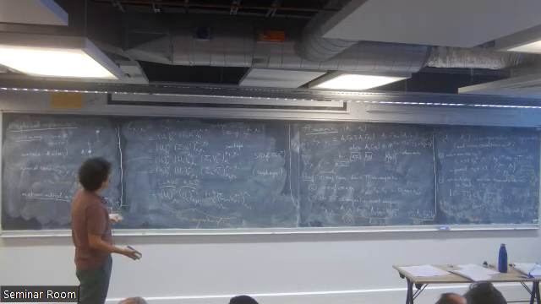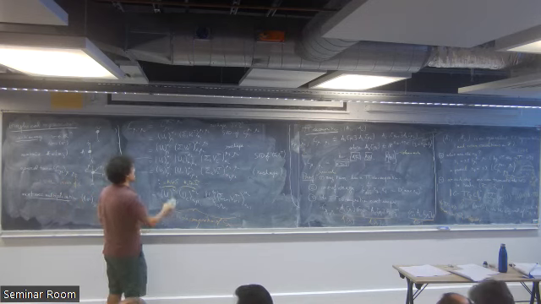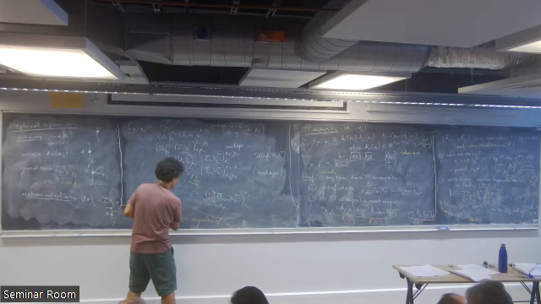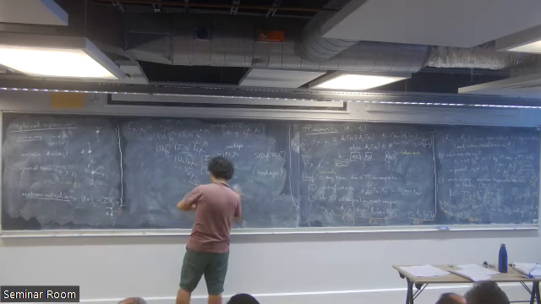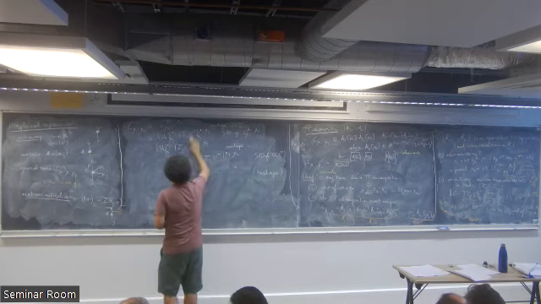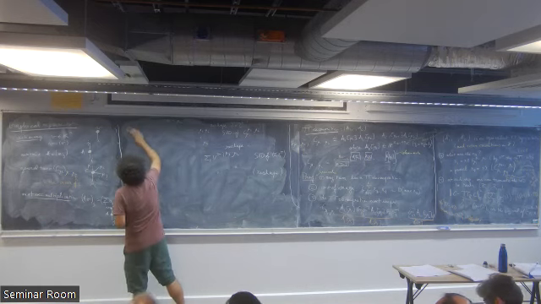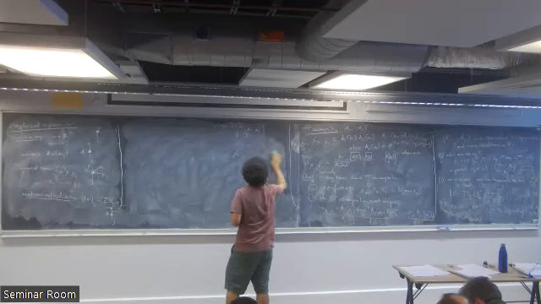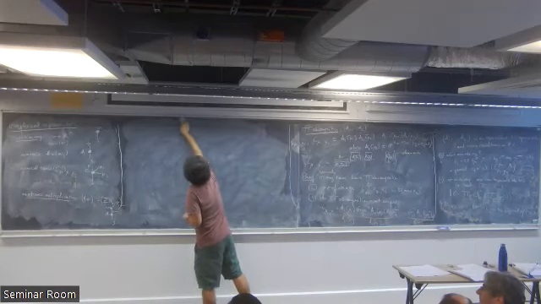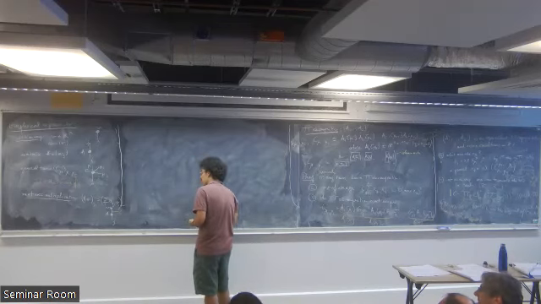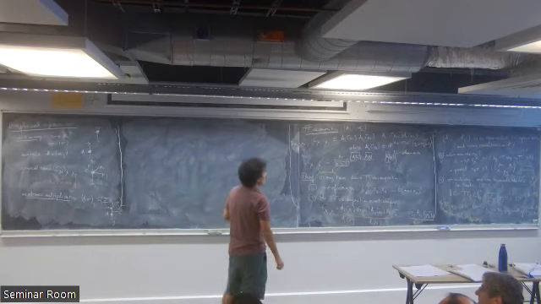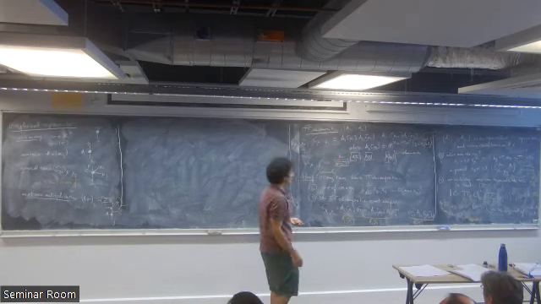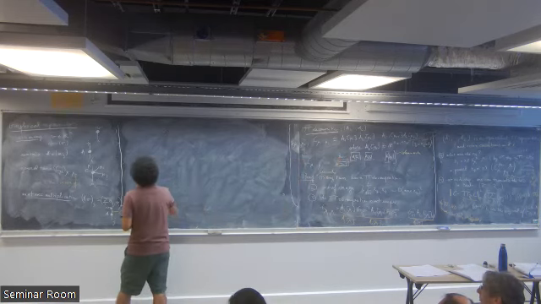I think I don't need the TTSVD, so I will erase that. Okay. So now let's write the graphical representation of the tensor train decomposition.